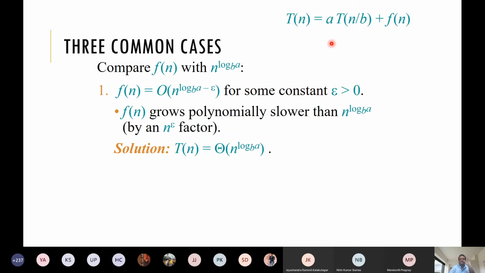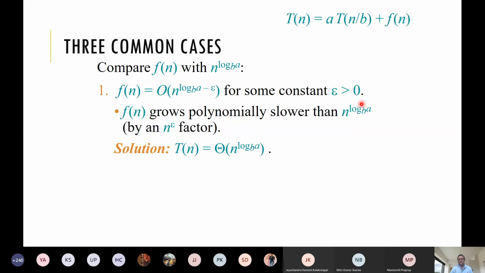Based on that, we have three cases. First case is f(n) is slower, polynomially slower than n to the power log a base b.